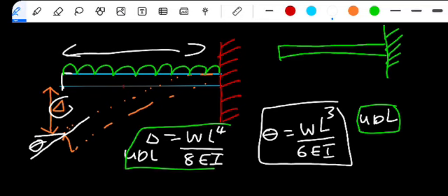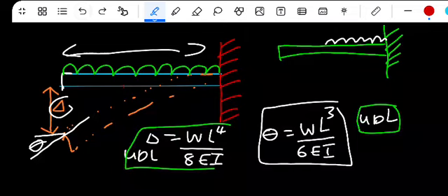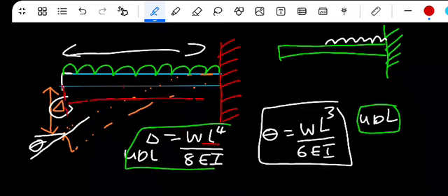It's just here. You see, now we have the free space here. There is no UDL. And this length L is the length of the beam from where it starts until there. That is the length that we'll put here.